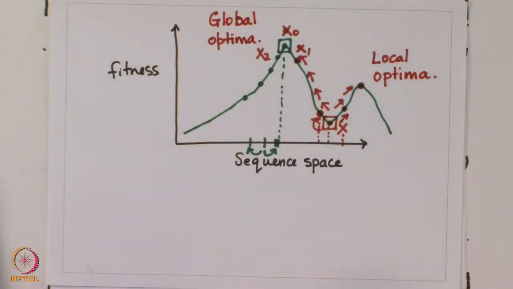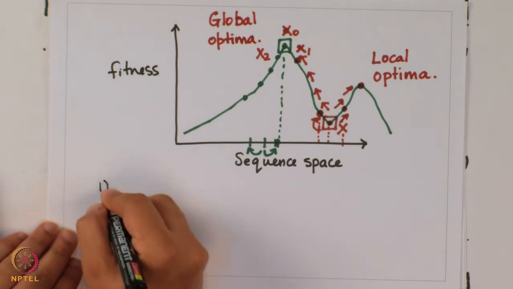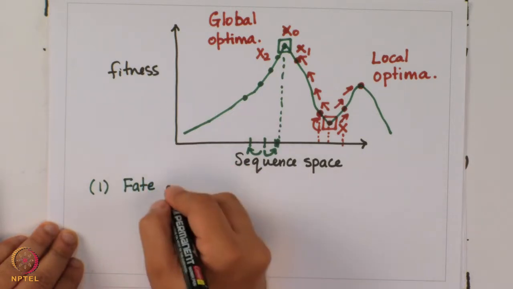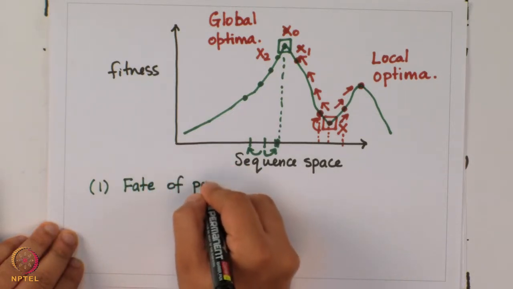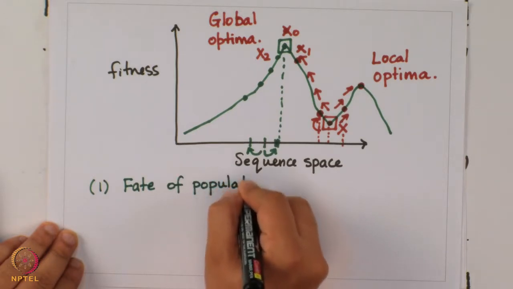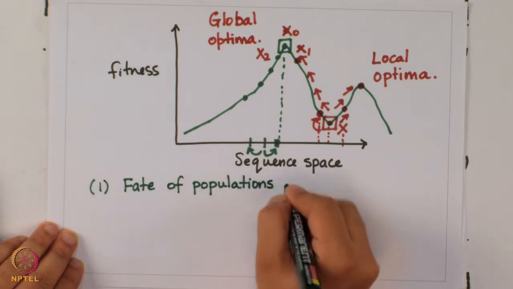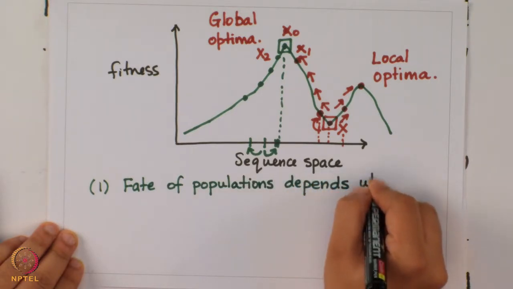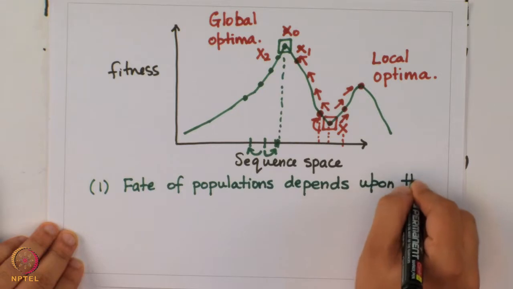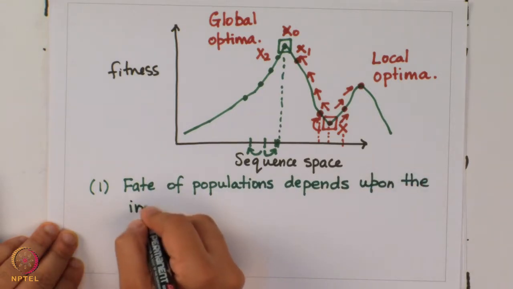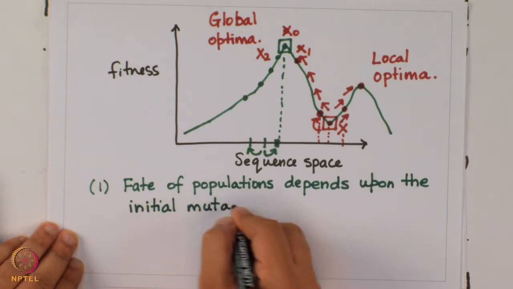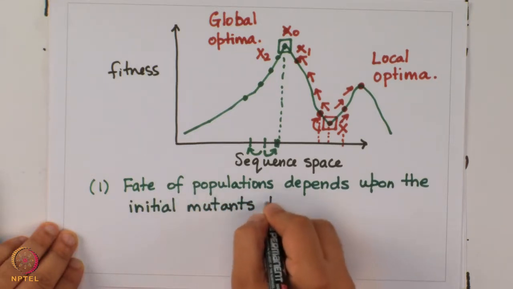So, that is the first aspect that we want to highlight here, that the fate of populations when they are moving on fitness landscapes depends upon the initial mutations or initial mutants that arise in the population.